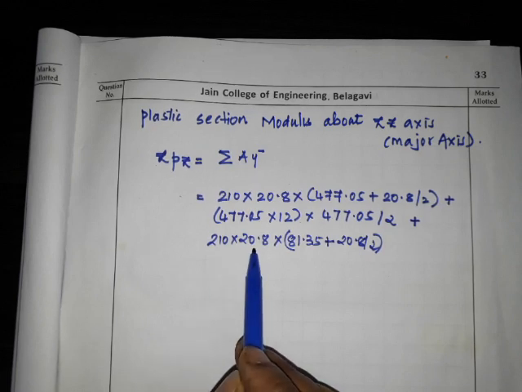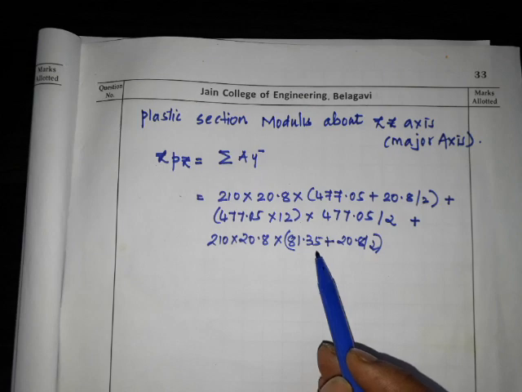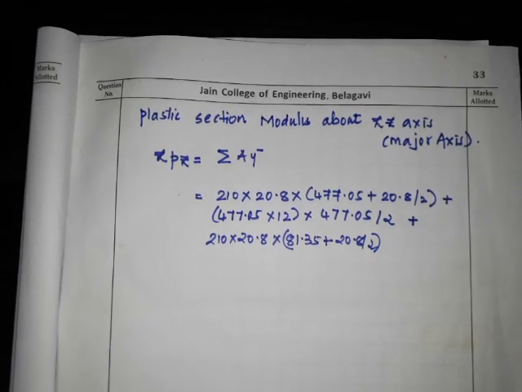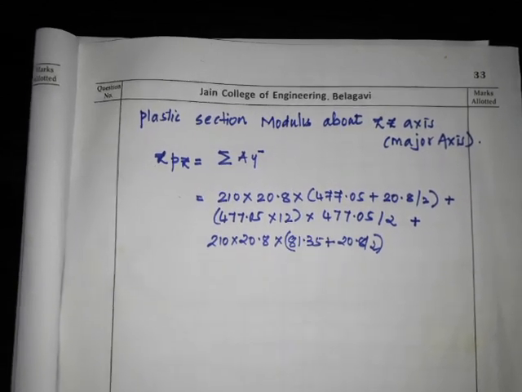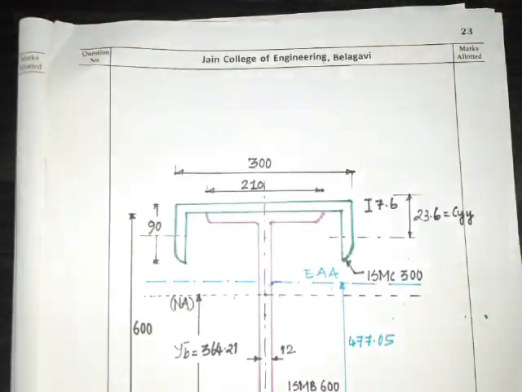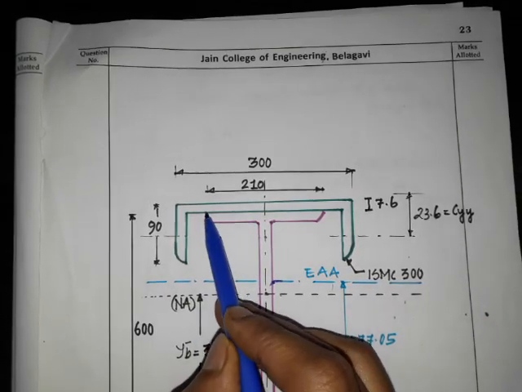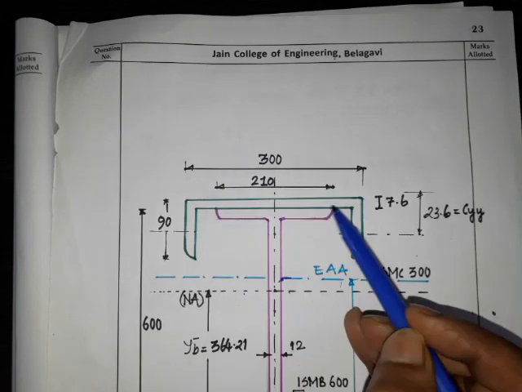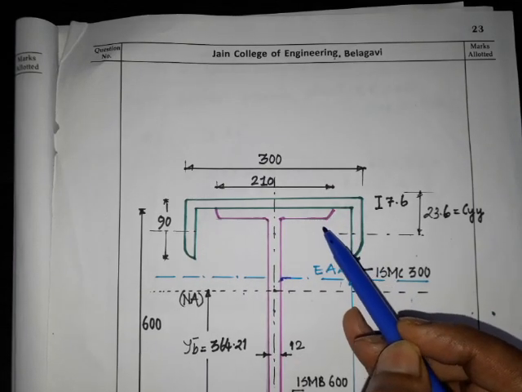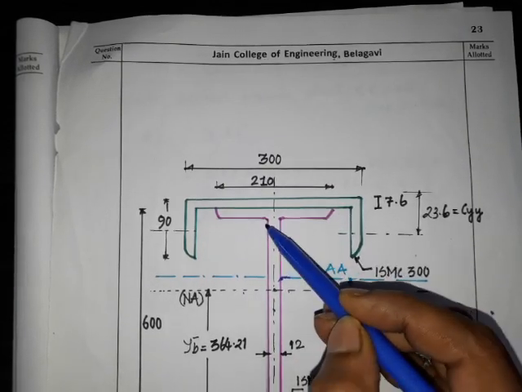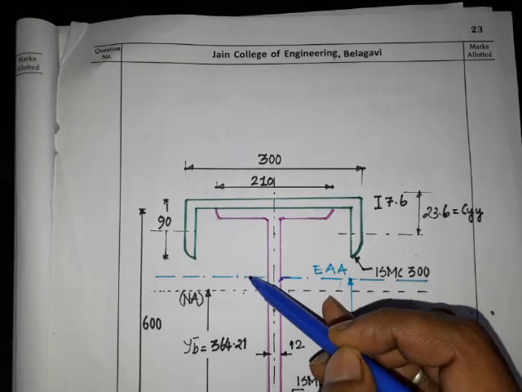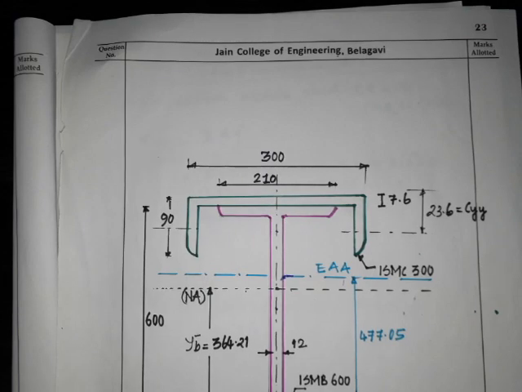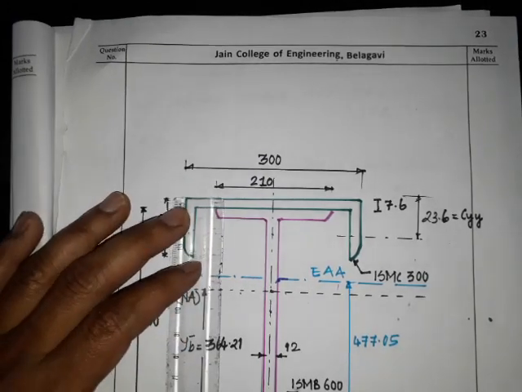So it is 210 into 20.8, the top flange, into this height, which is 81.35.